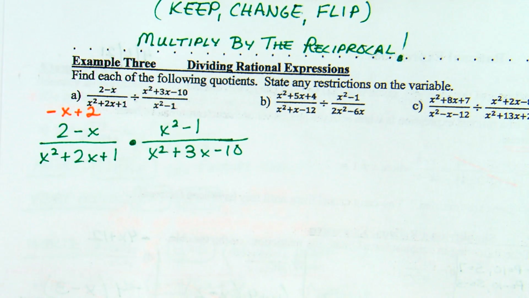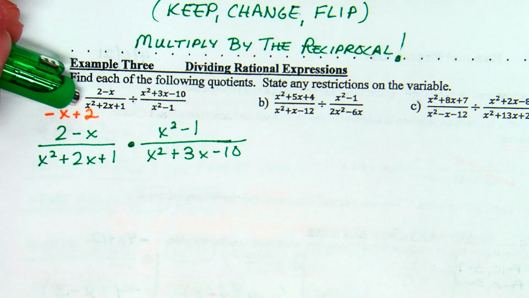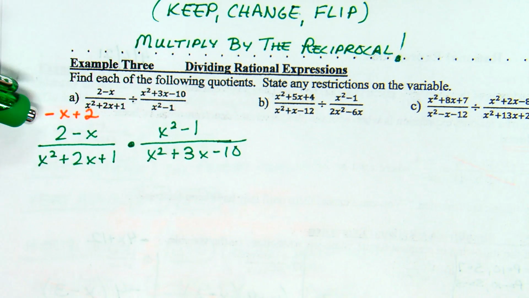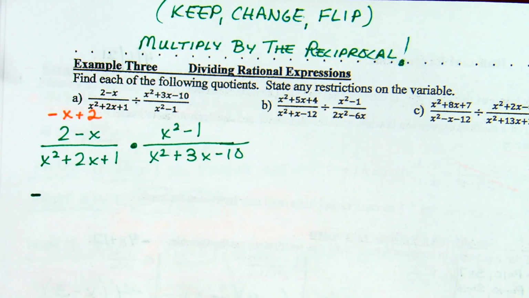Okay. And some of you are going to say there's nothing in common, which I agree. Other than the negative 1, there's nothing in common. I would encourage you to factor out a negative. Because when we factor out that negative, the remaining part could be something that could cancel. We're not going to have a negative x plus 2 down here in either of these. But if we factor out a negative, now, you can write it as a negative or you can write it as a negative 1.